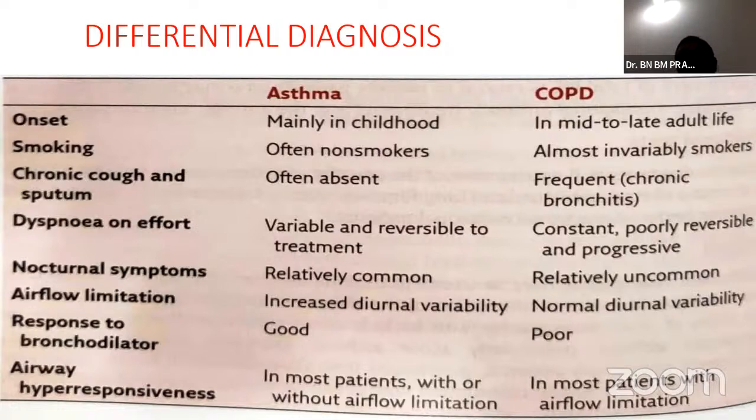Nocturnal symptoms are relatively uncommon in COPD, but in asthma, they are severe. They can occur because at night the allergen load may be high, there could be gastroesophageal reflux, and also the level of the drugs may be low, and the adrenergic drive may be low.